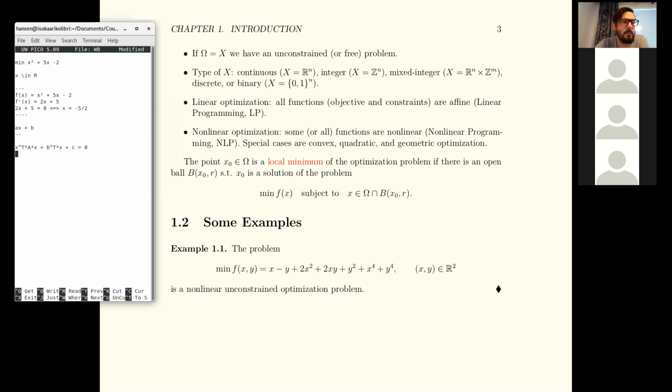So this is very often the case where you have a matrix A, a vector B, and a constant C, and then you can express it with this. This is just a real number which is equal to 0, but this is quadratic in the sense that there are powers of 2, or cross multiples of different components of the vector x. So we'll talk about that.